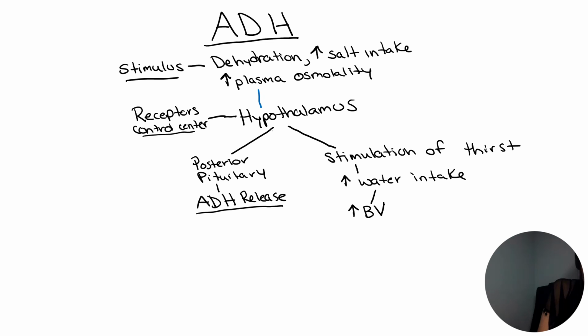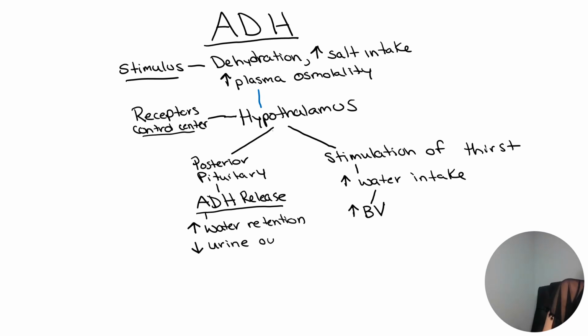Antidiuretic hormone is going to function on the kidneys, and this is going to increase water reabsorption or water retention and decrease our urine output.